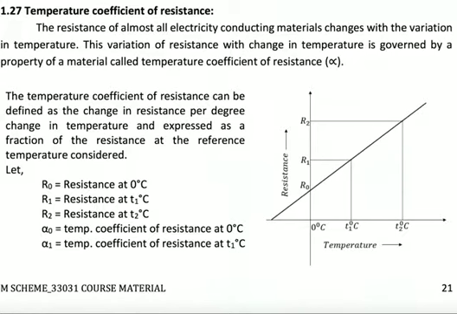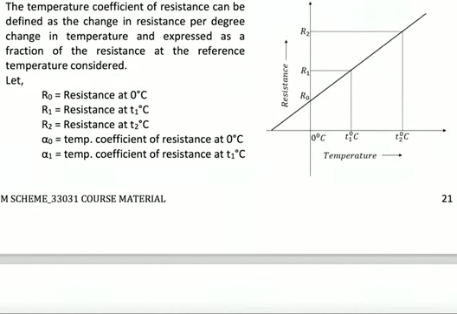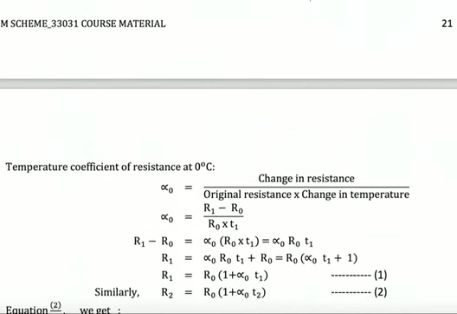R naught is the resistance at 0 degree, R1 is the resistance at T1 degree C, R2 is the resistance at T2 degree C, alpha naught is the temperature coefficient of resistance at 0 degree, alpha 1 is the temperature coefficient of resistance at T1 degree C.